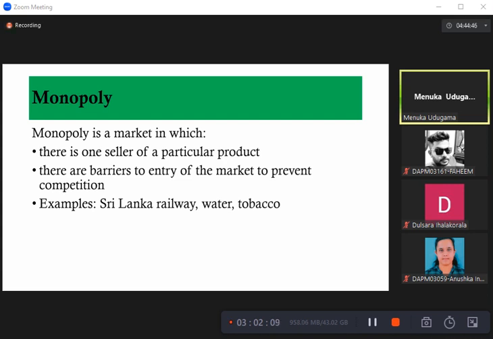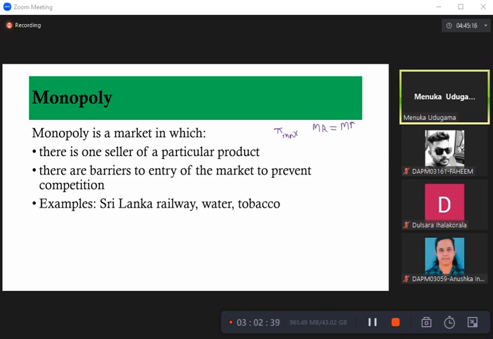In order to maximize profit, we will write profit using the letter pi. If you are to get maximum profit, the firm would price where the marginal revenue equals the marginal cost. We discussed this earlier also.